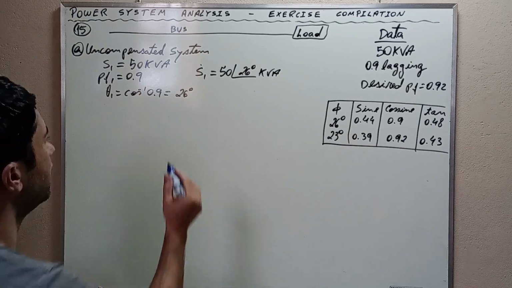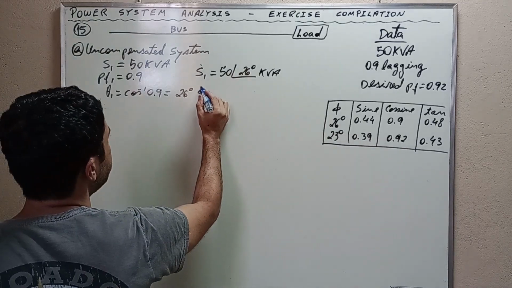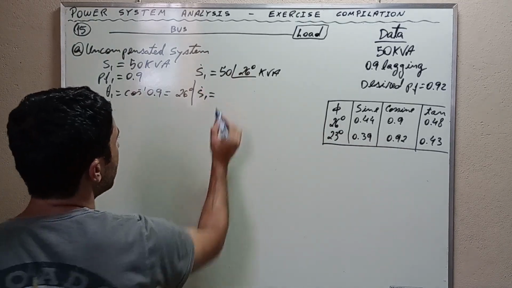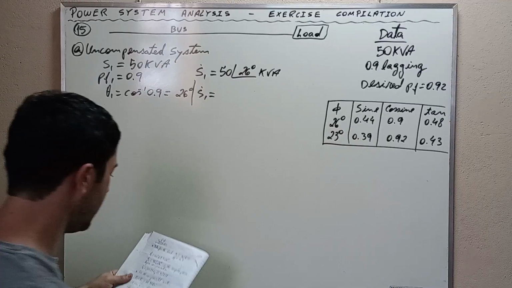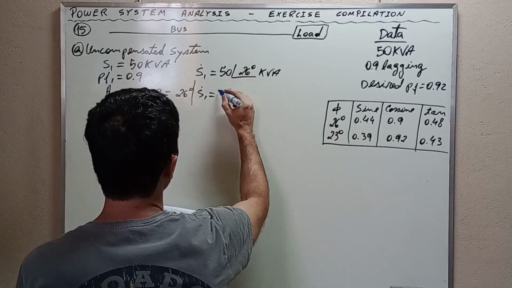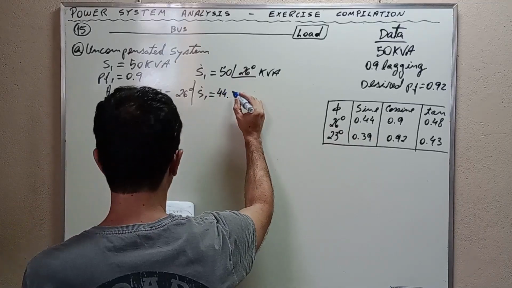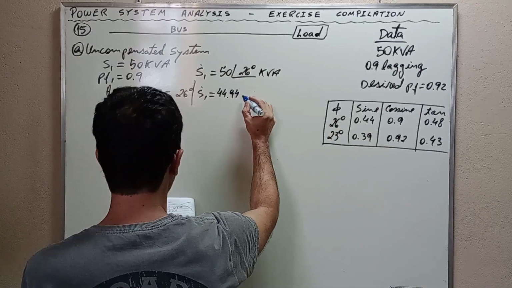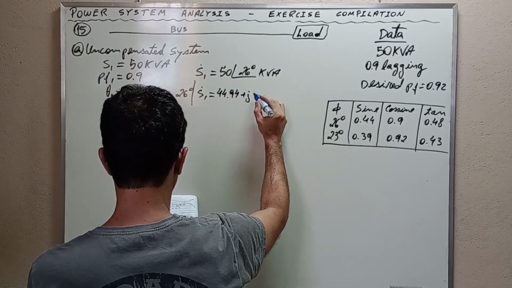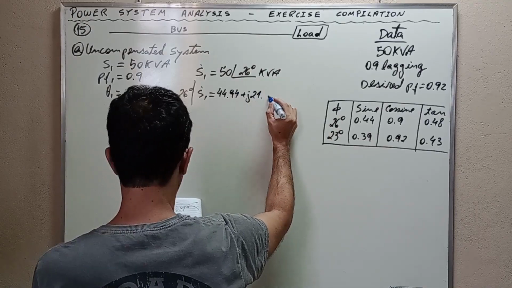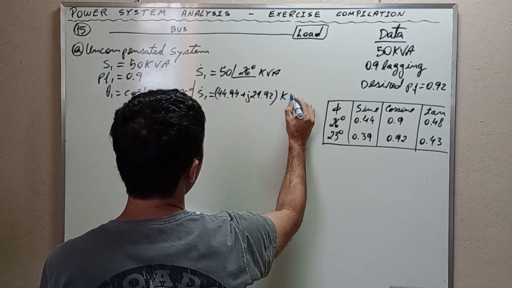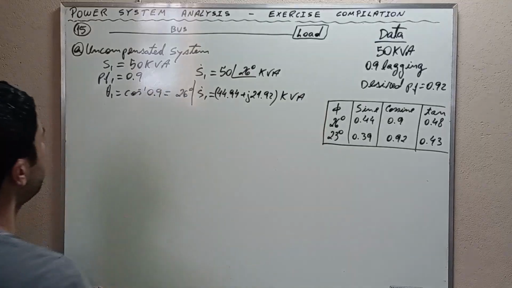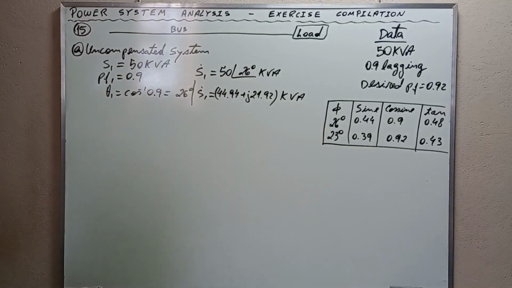Alright, this is the uncompensated system. Let's split this, because we are going to need to know the constituent parts of this complex power, and they are 44.94 plus J 21.92 kVA. Okay, this is the uncompensated system.